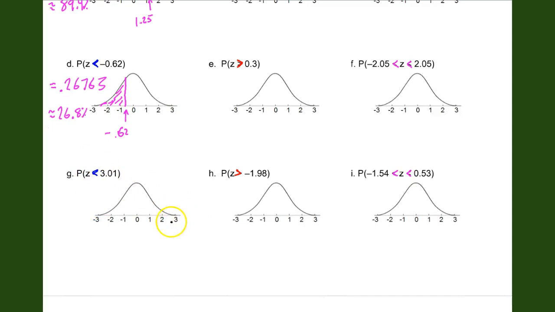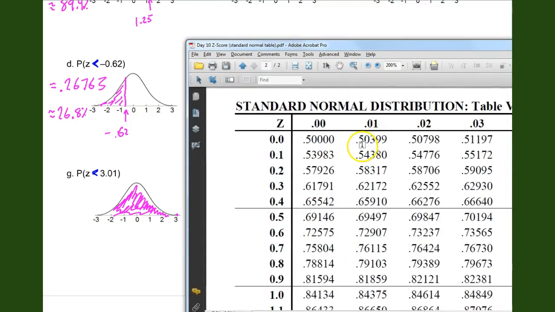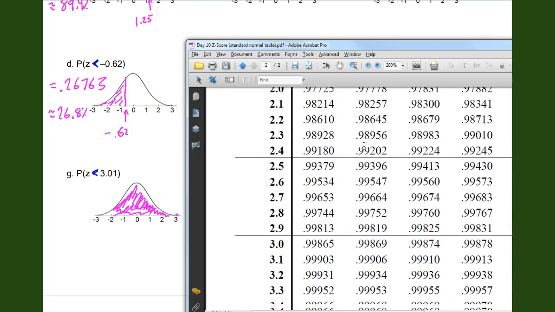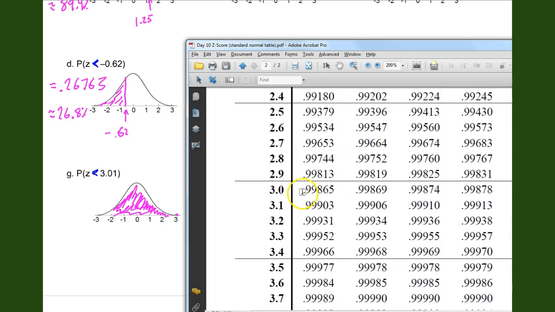3.04 for G, so that's basically everything less than. We're going to expect to see about 99.9%. That's basically everything. So if we go to our table and look up the positive side and go all the way down to 3. Okay, here's 3.